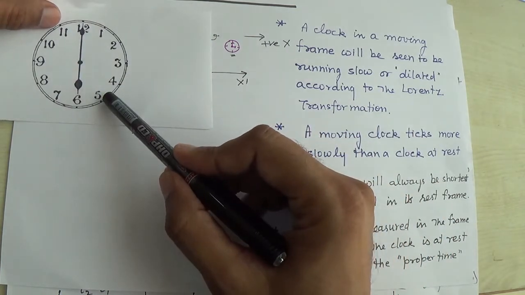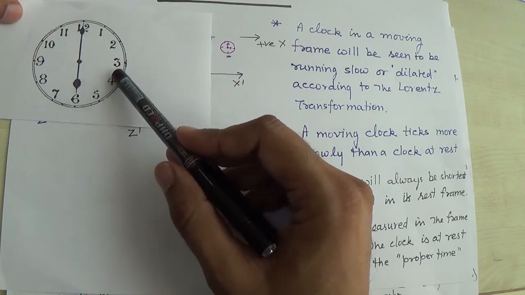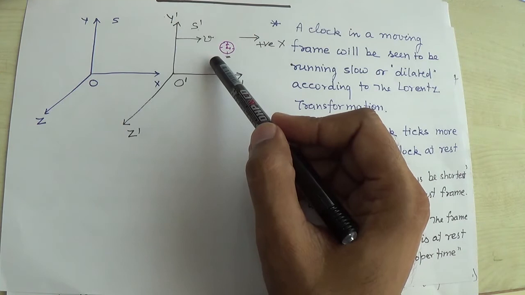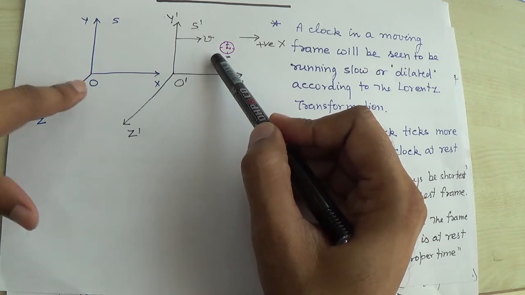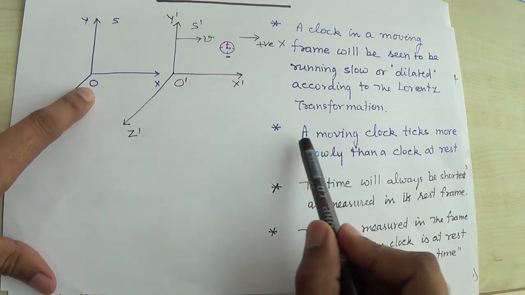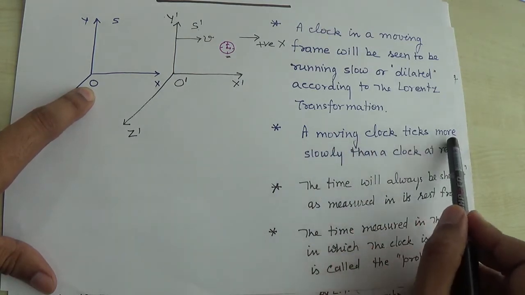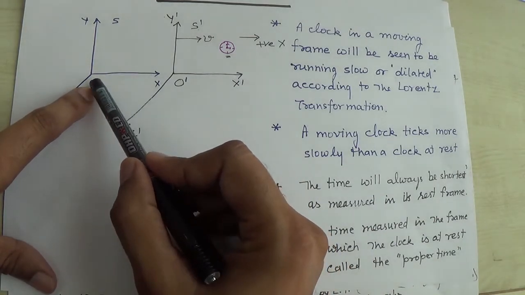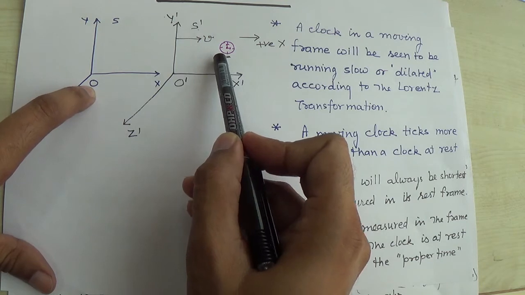So the time difference between these two observations is 3 hours. So this is the point. That clock is slower for the observer O. So this is the meaning of this statement: a moving clock ticks more slowly than a clock at rest. So he says that it is running slower by 3 hours, right?